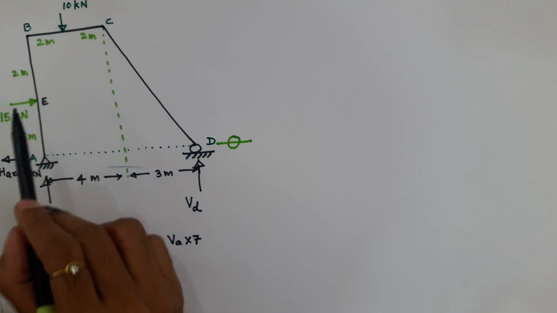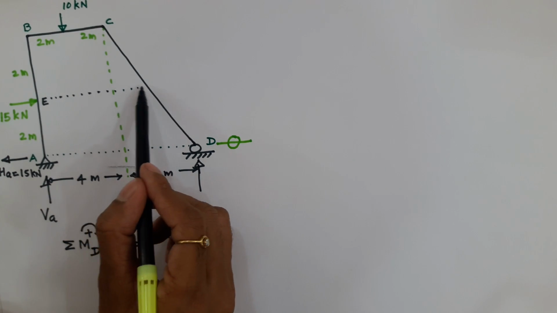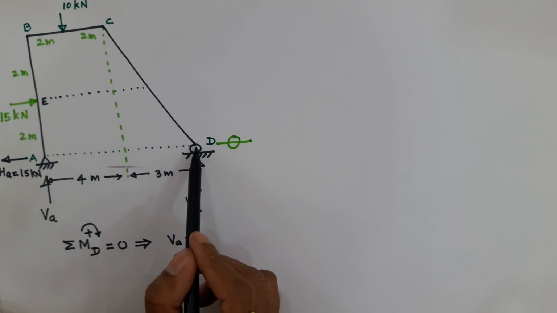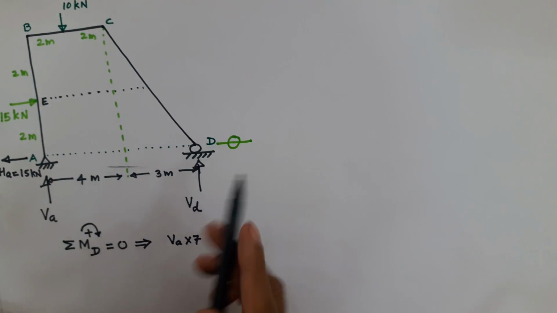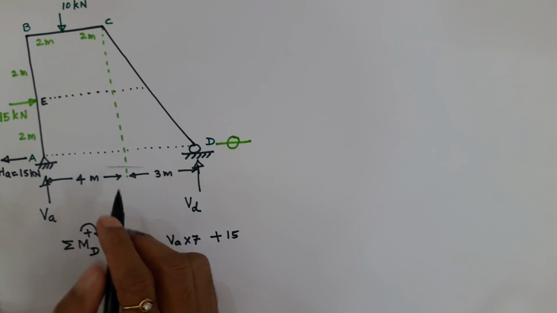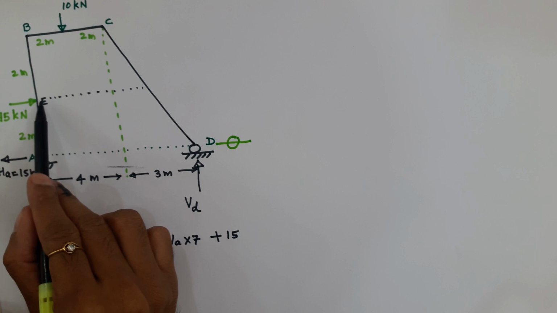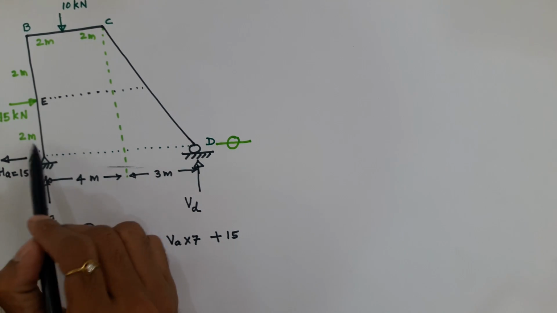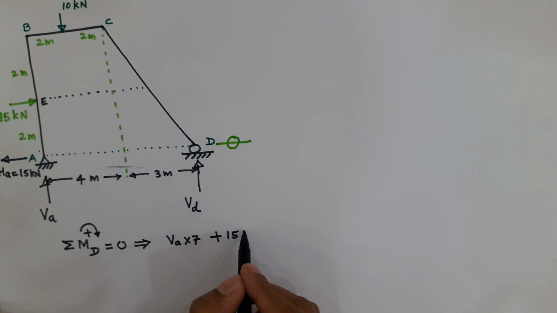Then coming to this force, again, when I take moment of this 15 kilonewton about D, its sense is clockwise, so it is obviously plus 15, and the perpendicular distance between the line of action of 15 and D is this 2 meter, therefore into 2.